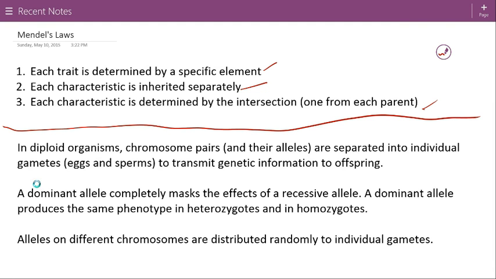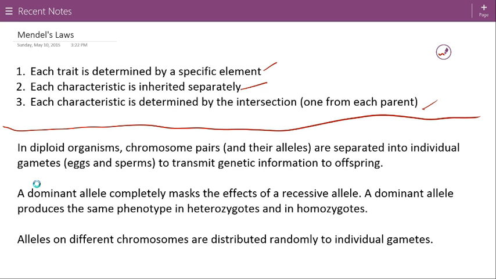Okay, so on their own, that doesn't mean a whole lot. So let's look at them using a little bit more scientific language, and we'll go ahead and define these in just a moment. The first, in diploid organisms, chromosome pairs and their alleles are separated into individual gametes, eggs and sperm cells, to transmit genetic information to the offspring.